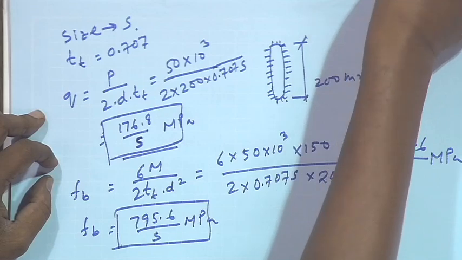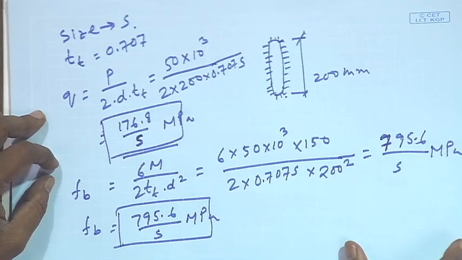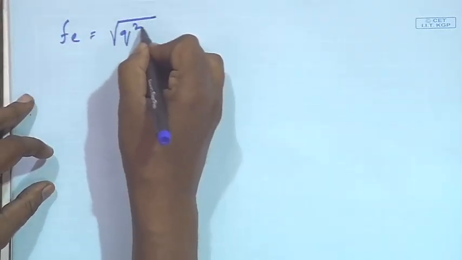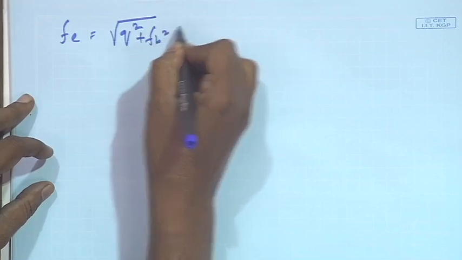Now, we can find out the equivalent one. So, equivalent stress Fe will be equal to root of Q square plus FB square.